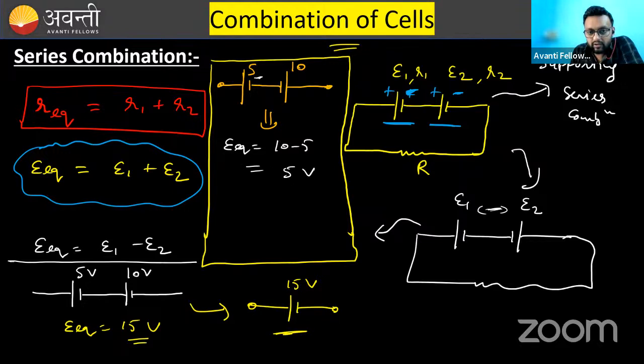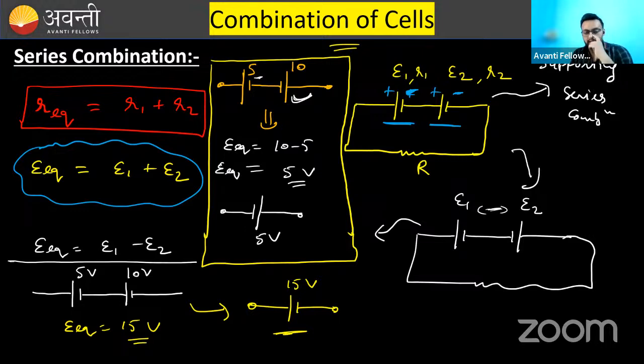It is 5 volt. No, you are not wrong. I am also not wrong. What I will do here, the resultant EMF, which cell has larger potential or larger EMF, you will say this cell has larger EMF. So the equivalent cell that I will draw will follow the polarity of the larger cell.